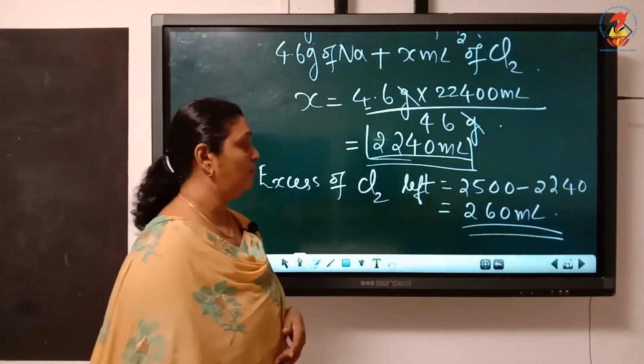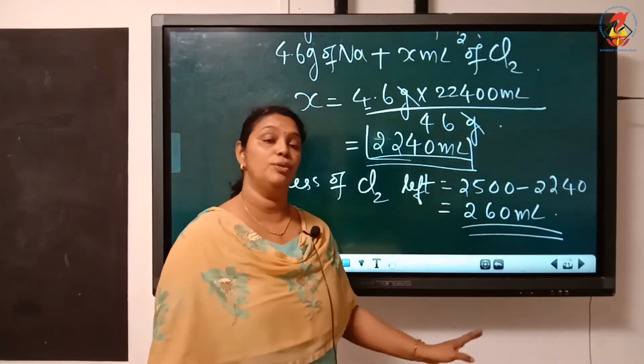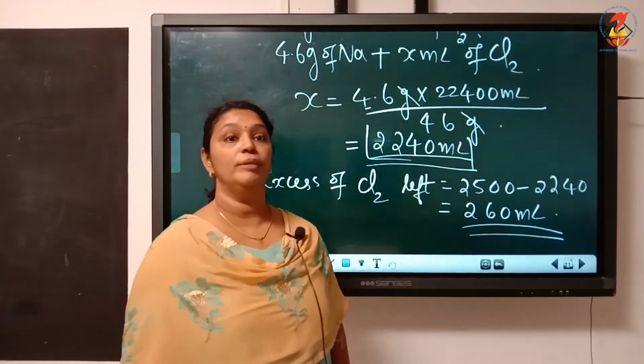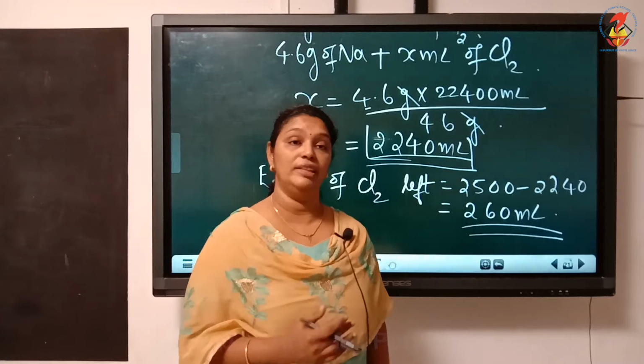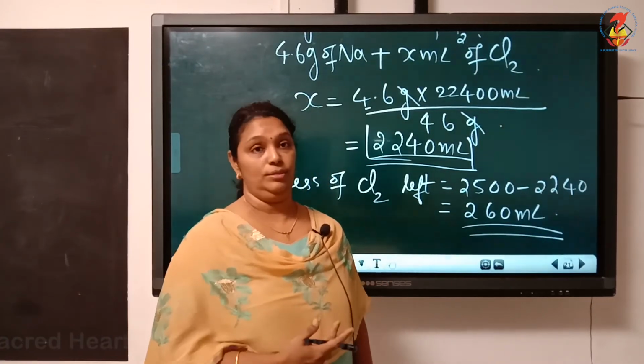So, we can say 260 ml of chlorine is left unreacted and sodium is the limiting reagent. So, these are stoichiometric calculations. Always we have to write the balanced equation and according to the question we have to find out.